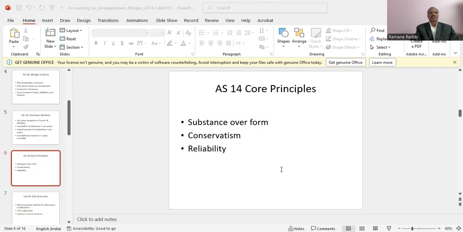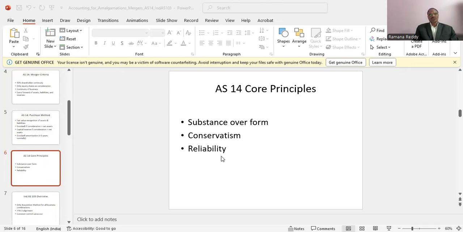We'll see AS 14 core principles: economic substance over legal form, conservatism, fair value adjustments, and goodwill recognition in the purchase method, and reliability, adequate evidence for merger classification.